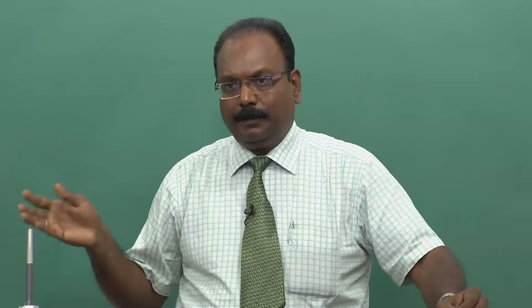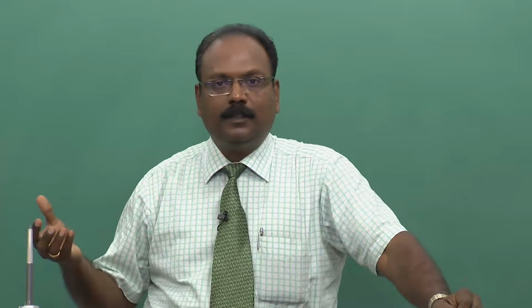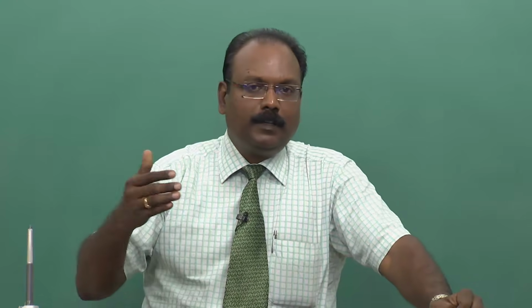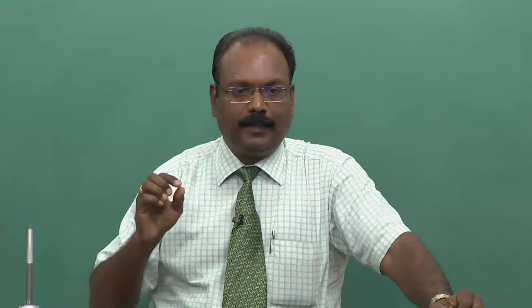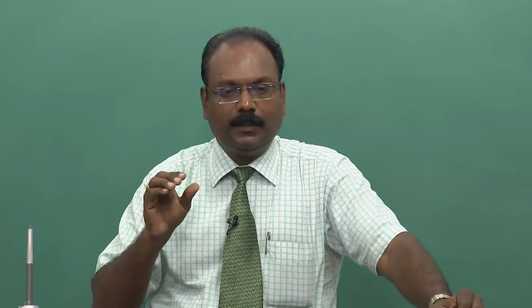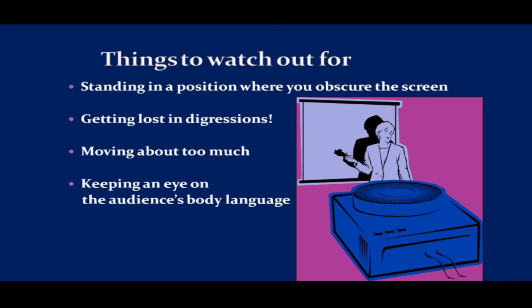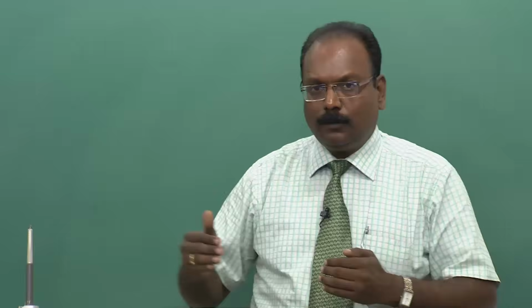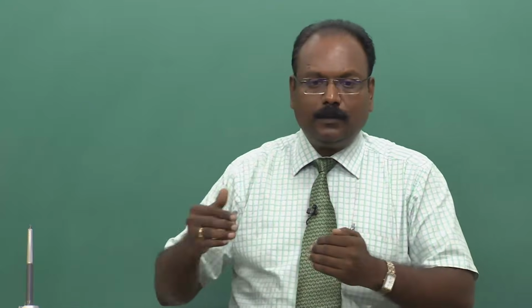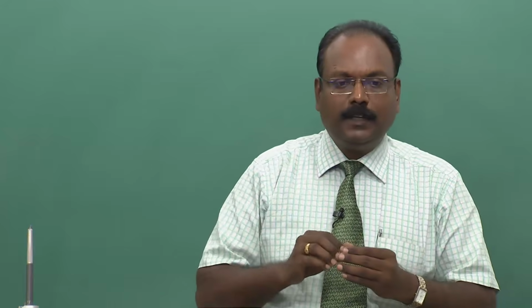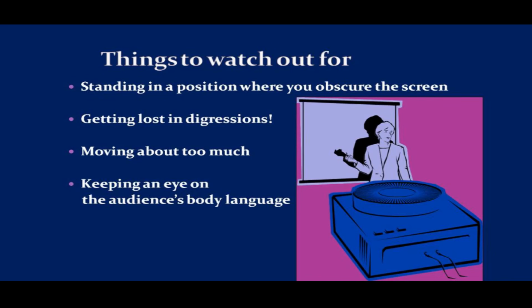And then you showed some picture and you are lost in the picture and you completely got digressed. So, getting lost in digressions is something that you should watch out for. Moving about too much, so the visual is here, and you keep coming this side, going that side, that is also an unnecessary distraction.